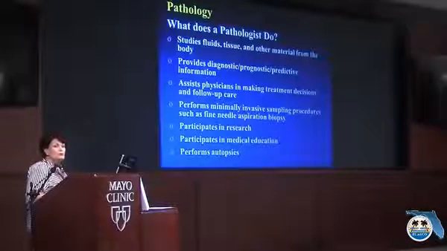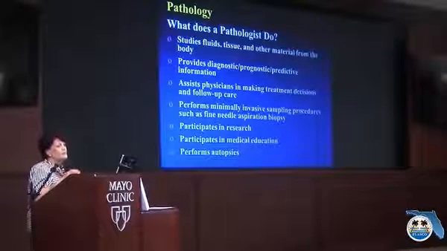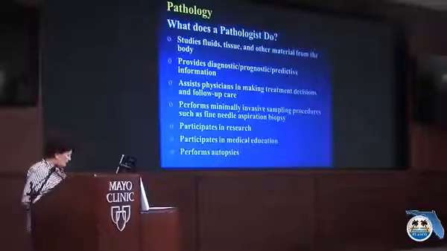And of course, based on where they practice, the percentage of the time that they spend in different areas is different. If they're in an academic institution, maybe a good portion of their time is in research. If they are in community practice, maybe just providing diagnostic and prognostic information makes up the most component of the time that they're there.